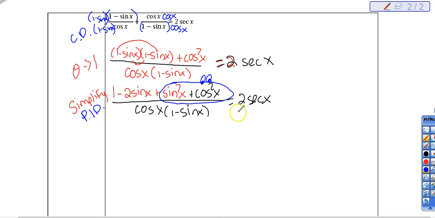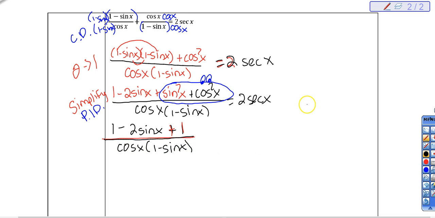So I'll write it again: 1 minus 2 sine x plus 1, and I'm doing a substitution there, all over cosine x, 1 minus sine x. Notice I haven't really touched my denominator. It's factored out. It's pretty simple. I like it. So that was a Pythagorean identity that I just did right there.